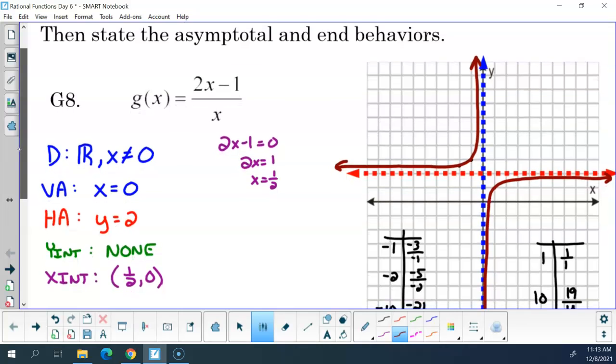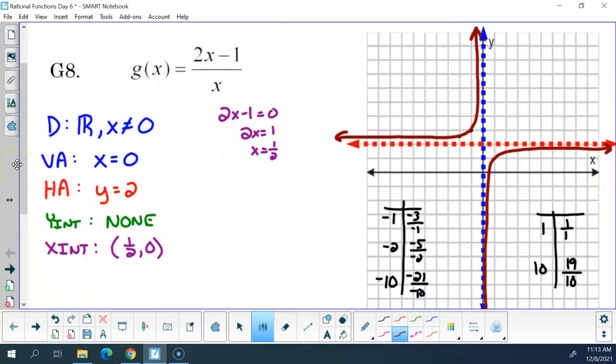Then it says we got to state asymptotes and end behaviors. So we'll start over here. As x approaches negative infinity, my function is going to 2 from above. Then we can go over here. As x is approaching positive infinity, my function is approaching 2 from below.